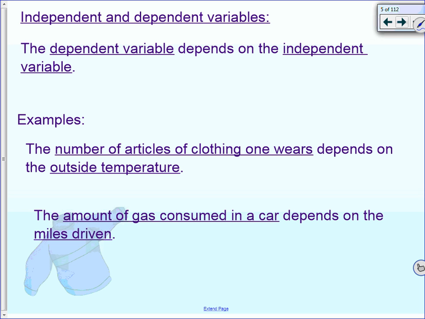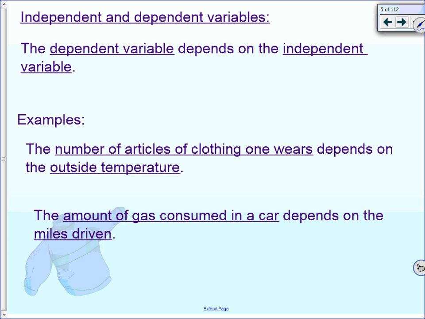And I know this sounds a little redundant, but this is how I think of independent and dependent variable. The dependent variable depends on the independent variable. So when I'm testing if something is the dependent variable, I use that sentence and see if it makes sense. For example, the number of articles of clothing one wears depends on the outside temperature.